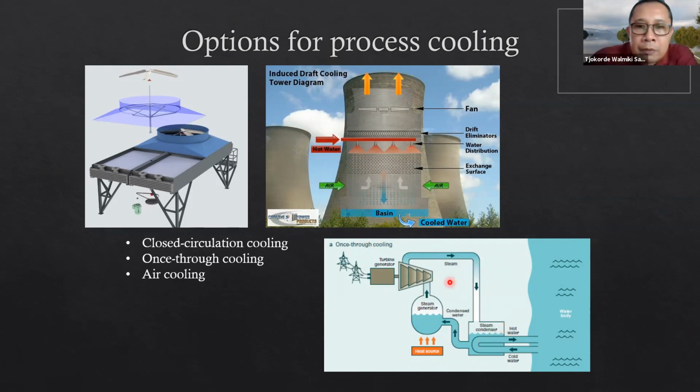In this type of cooling, the seawater is sucked in by the heat exchanger, absorbs thermal energy from the process fluid, and then the seawater is returned to the environment. So it's not recirculated, it's a once-through cooling system.